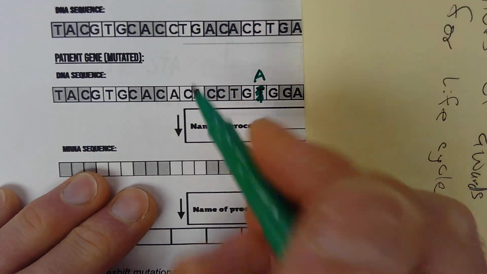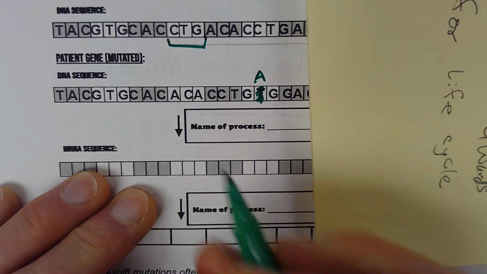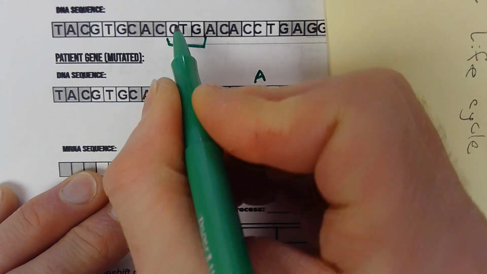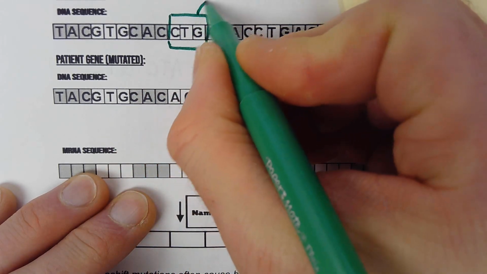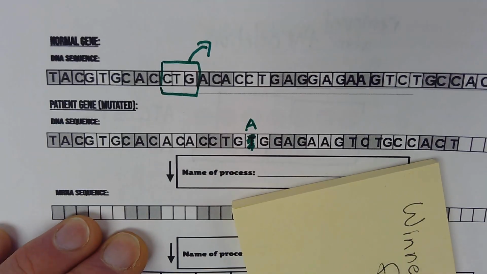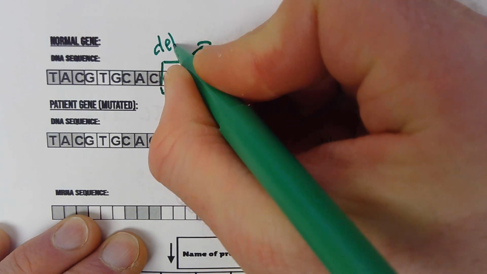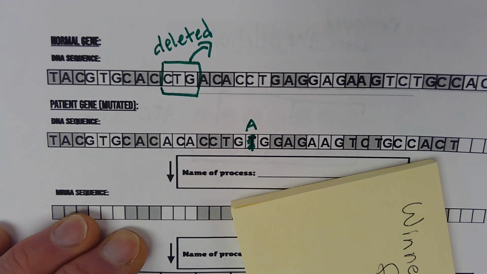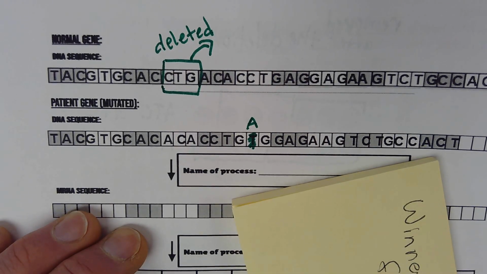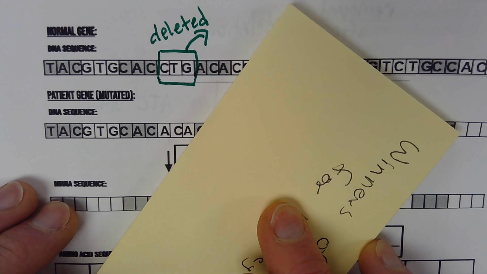So then in this comparison, from here, this was deleted. It was removed from the sequence. And then what that means is now all of a sudden I can see this frame shift here.